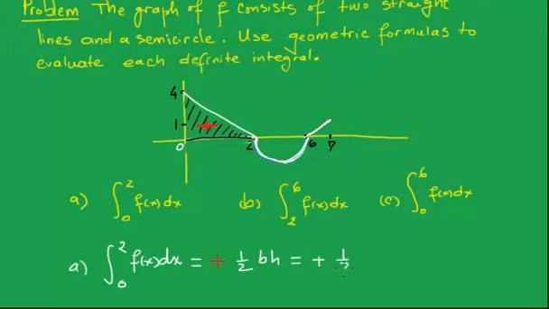Now 1/2, the base here is from 0 to 2, that's 2, and the height is from 0 all the way to 4, so it's 4. This gives us 4. So the integral from 0 to 2 of f of x dx is plus 4.